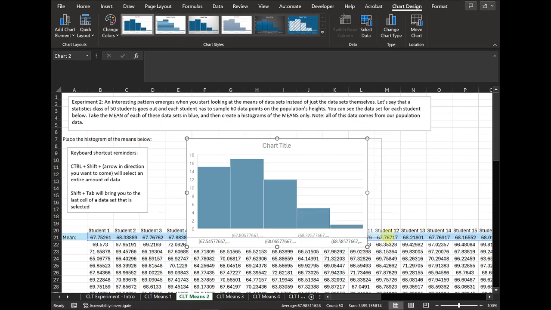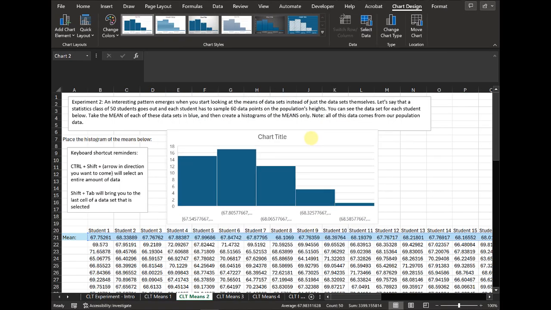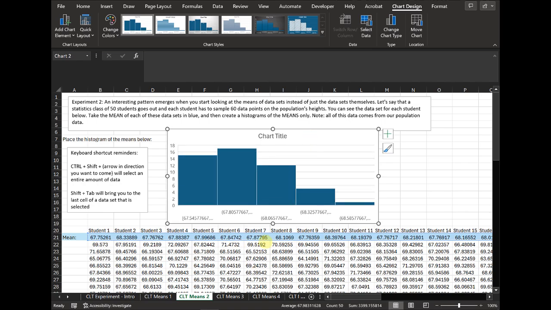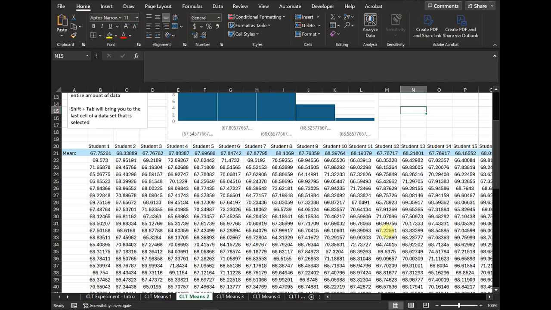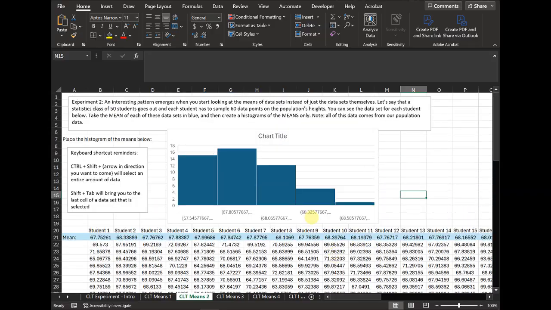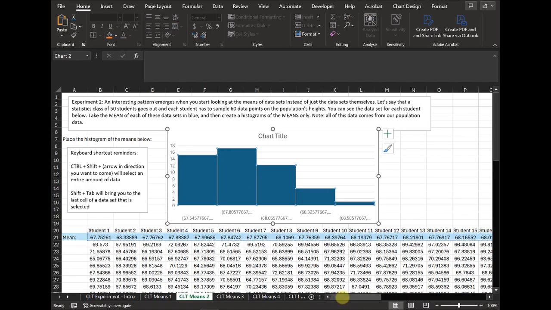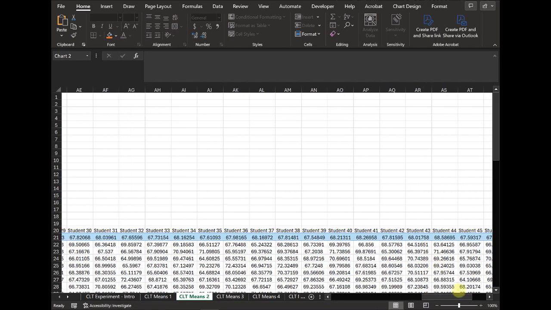Okay, so right now this histogram based off of my means doesn't really look like anything too interesting, and that's okay. This is still considered to be a small amount of data. This is making a histogram off of, once again, 50 data points.